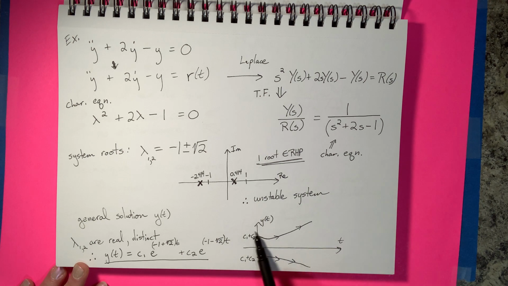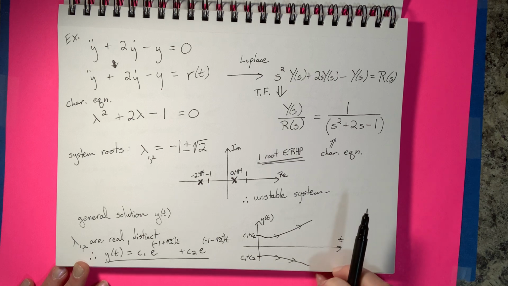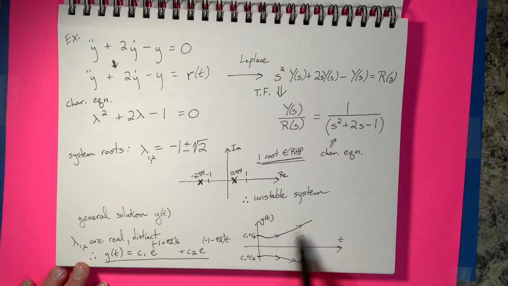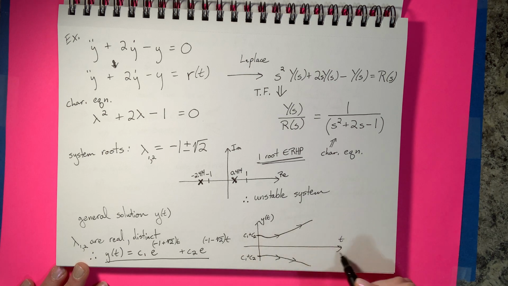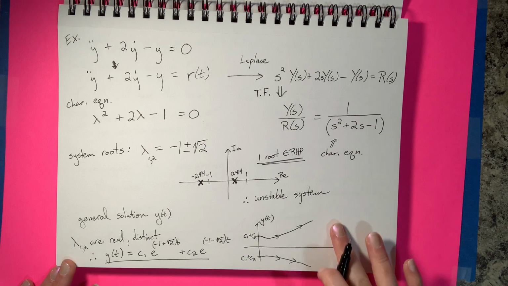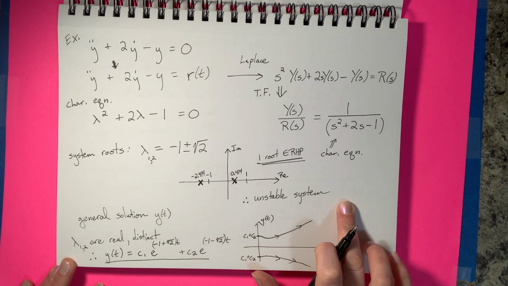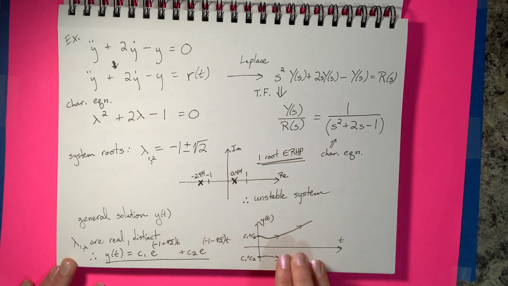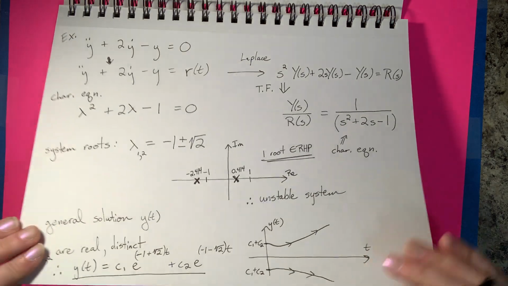And if we were to plot that, it would be something like this. Whatever C1, C2 are, I left them arbitrary for this, and there would be different cases of this, but here are 2 cases where both are positive or both are negative. And so it's going to expand exponentially as time increases, just like that. So again, we can verify that is an unstable system. We can see it here, we can see it here, and if you know what to look for, you can see it here. Okay? All right.